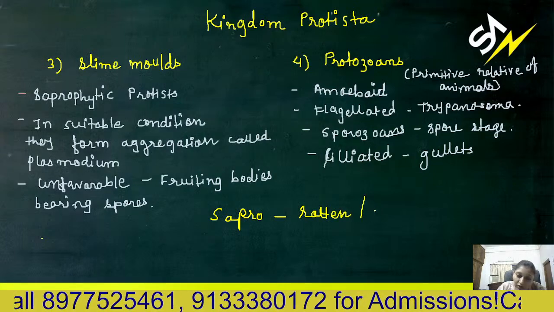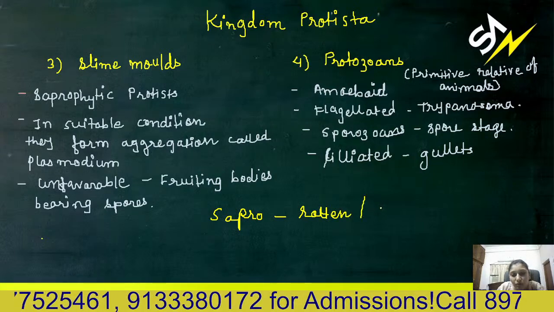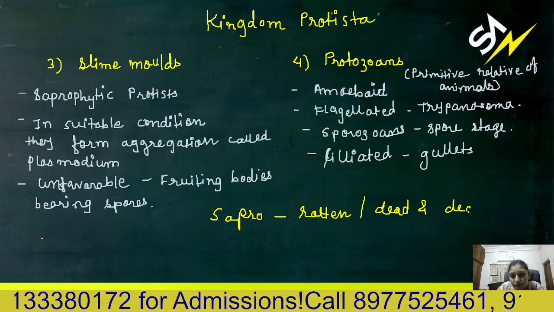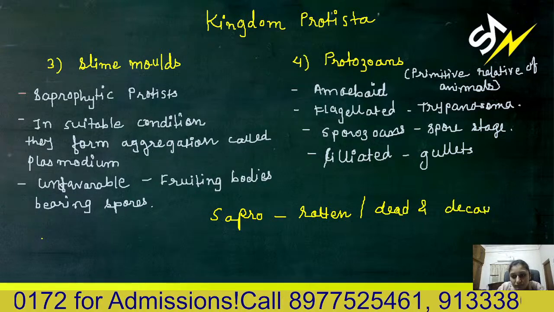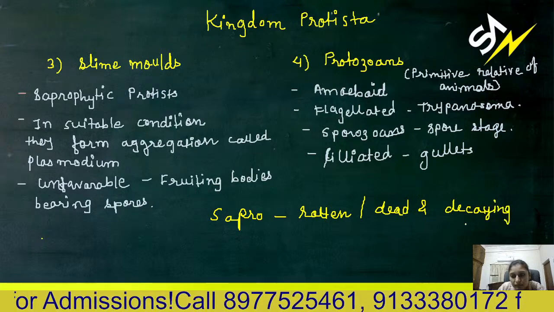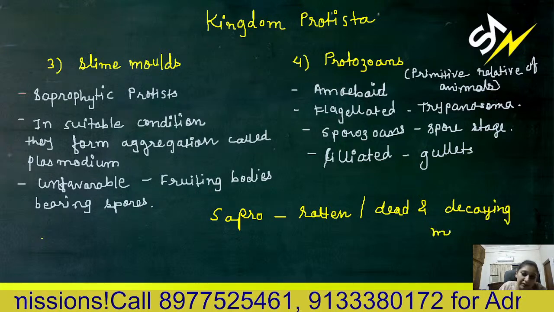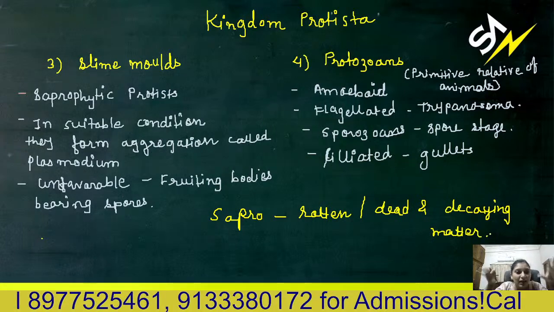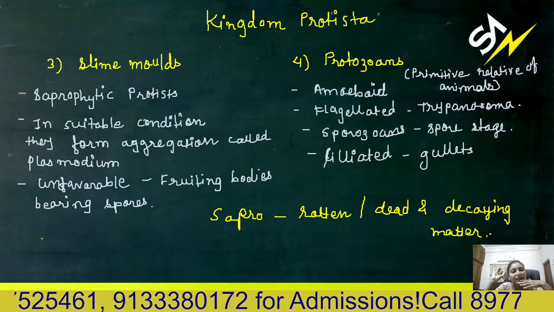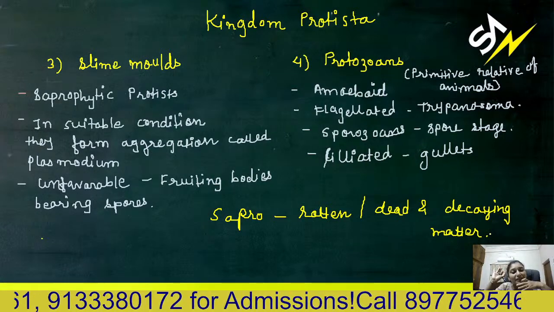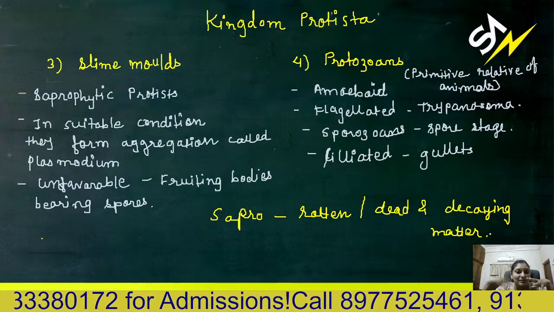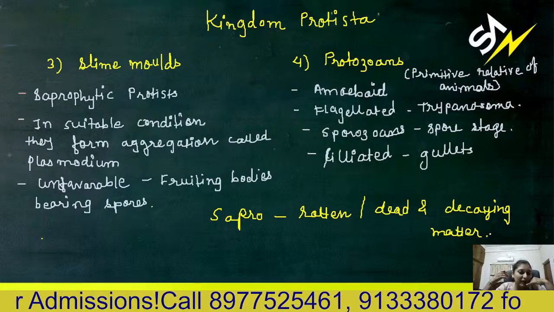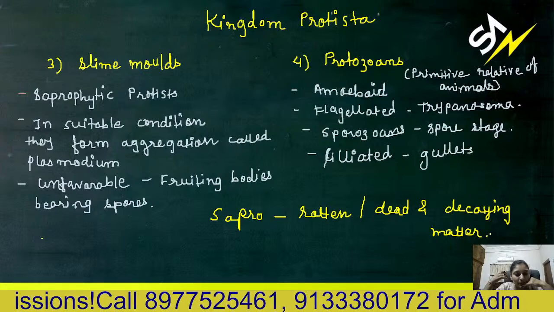They grow on dead and decaying matter. Simply, they secrete something outside their body and then start decaying the material. They are present over something which is going to spoil, and over that they start to grow just like fungi. So they are saprophytic protists.